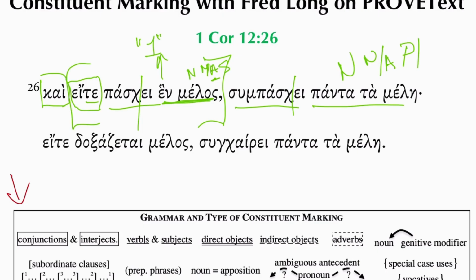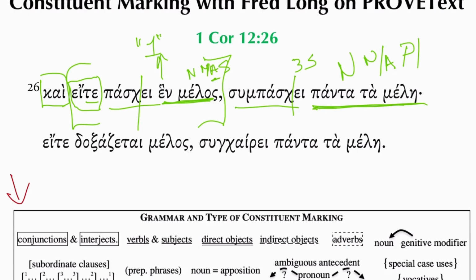And there's a parallel structure. We're going to see a lot of parallel structures here. This is, in fact, just simply the subject. And it's working with the third singular verb, but we've seen this a lot, that neuter plural subjects can work with third singular verbs. And so this is the main sentence. It reads, all the members suffer together. So that's the main sentence. All the members suffer together if one member suffers.